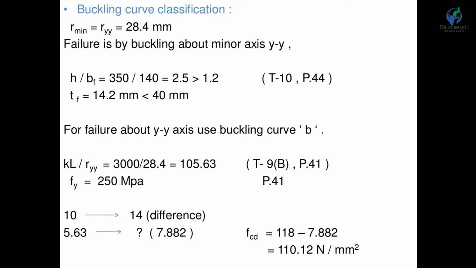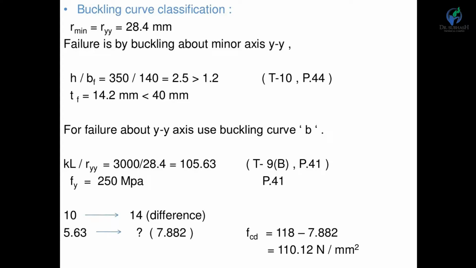In our case, H by BF is 2.5, which is greater than 1.2, and TF is 14.2, which is less than 40. So this criterion is satisfied for curve B. Then for curve B we use table number 9B.